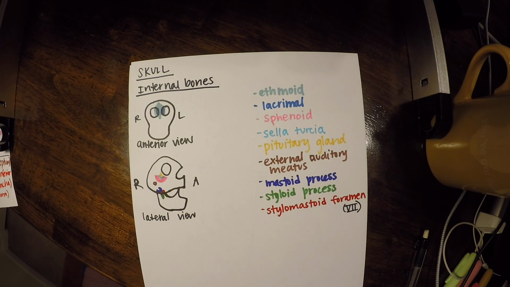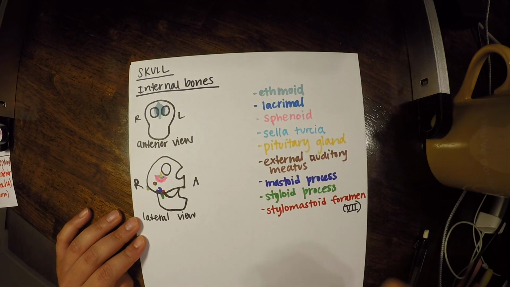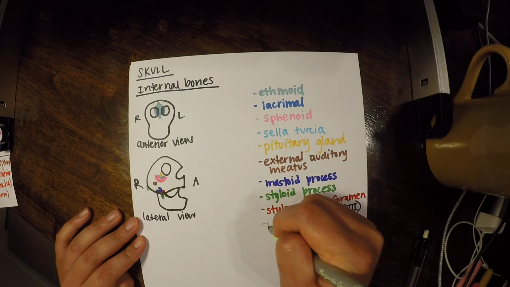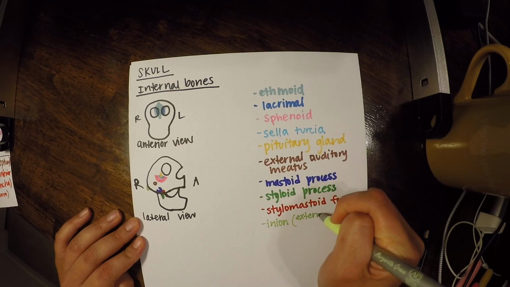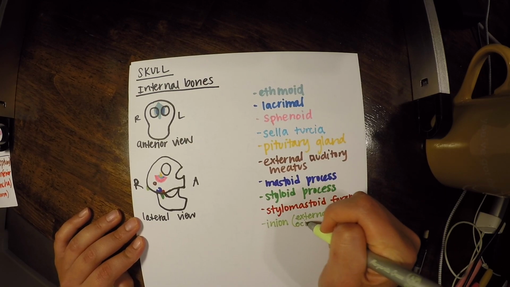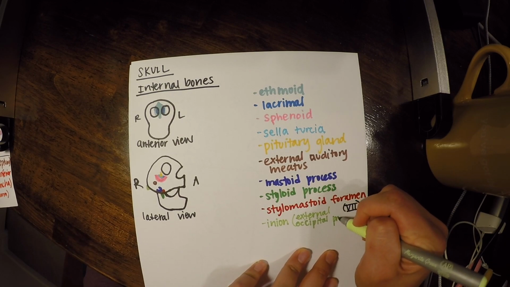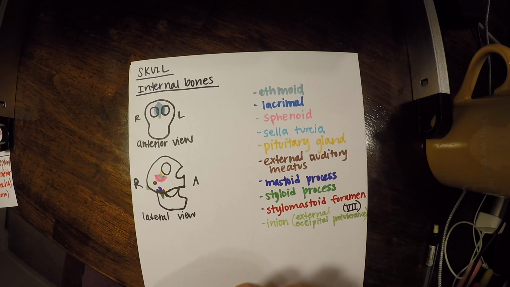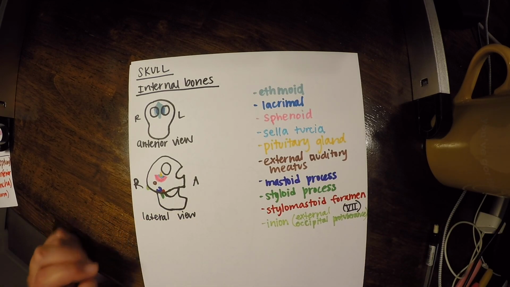Now, one other little thing to add here is something called your inion, or your external occipital protuberance. That's a little part of the skull that's sticking out right in the back there.